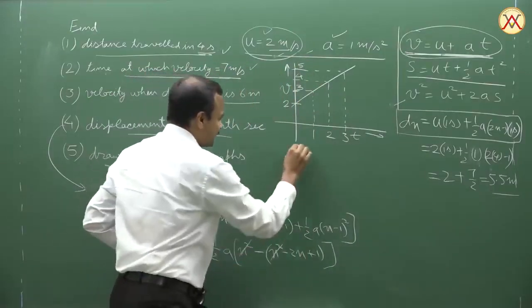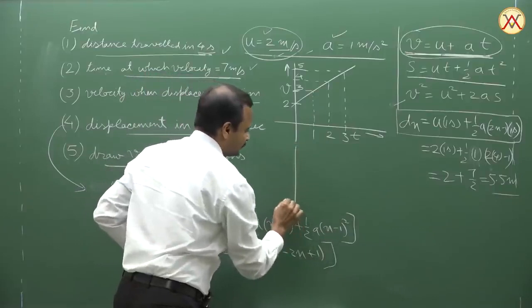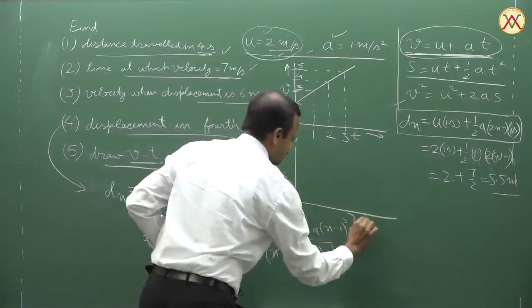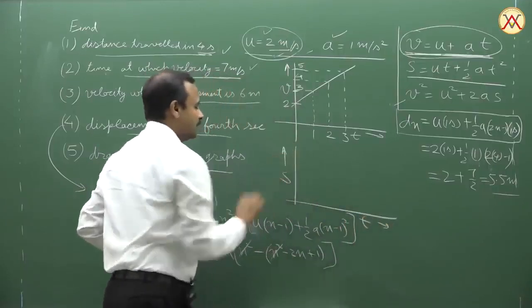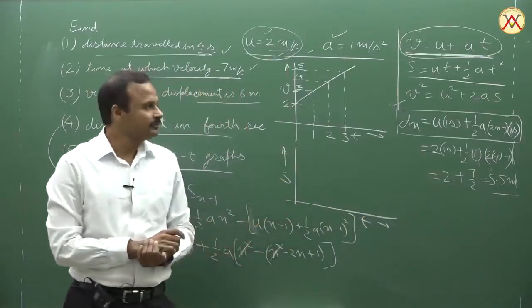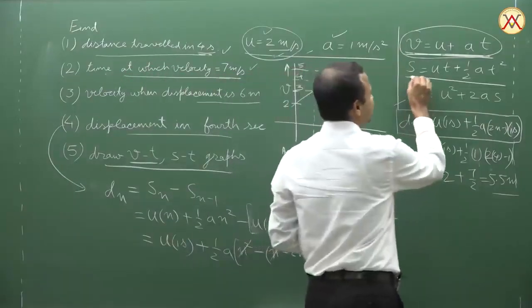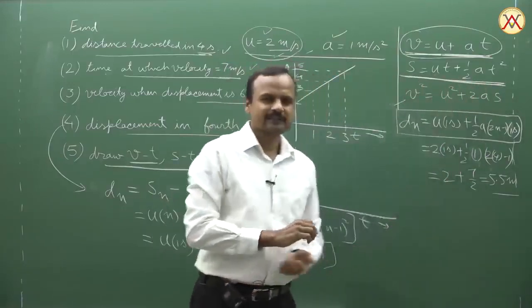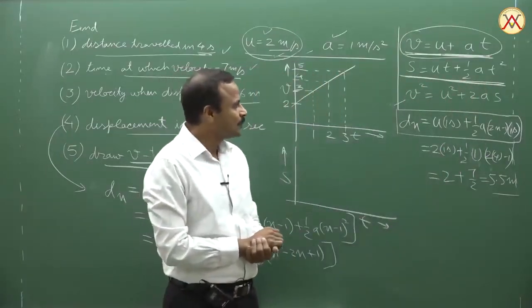Now about the displacement time graph, S versus T. Displacement time graph is basically this equation, the second equation of motion, ut plus half at square.